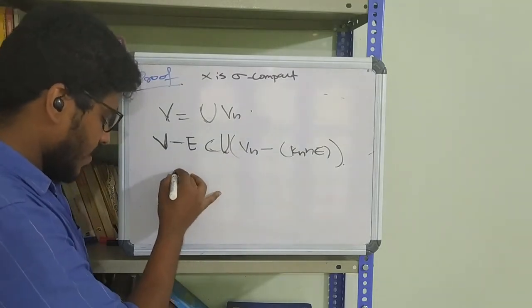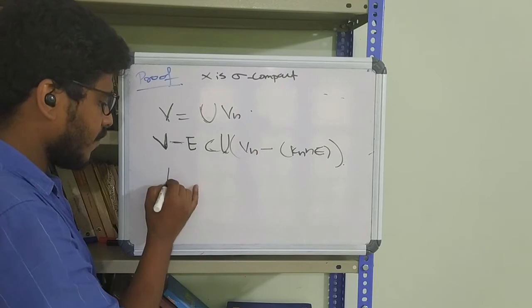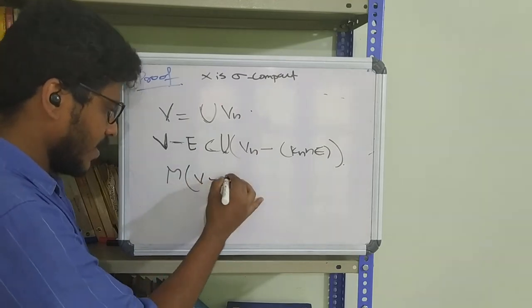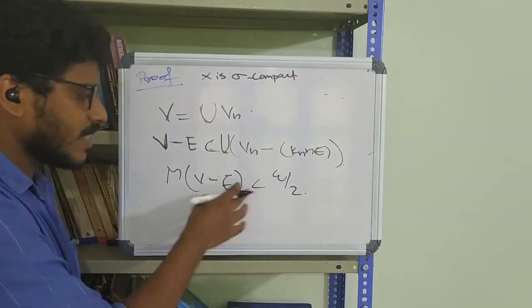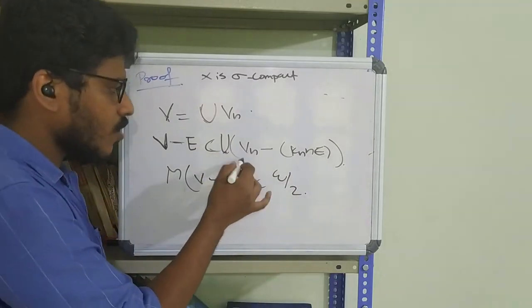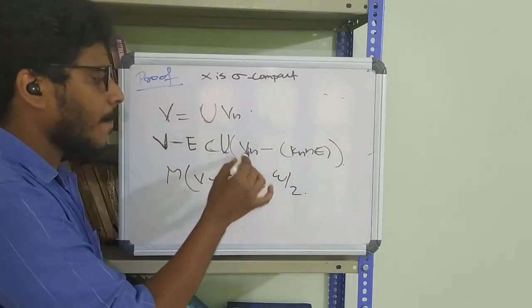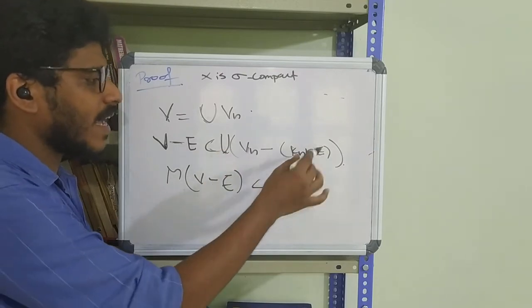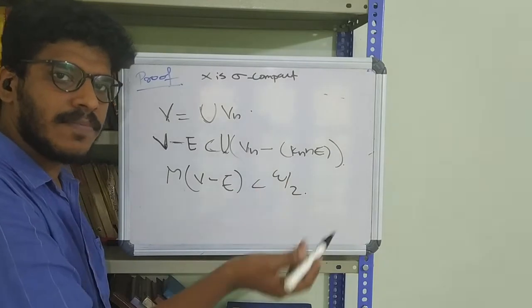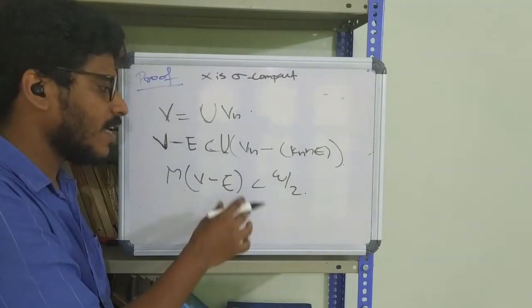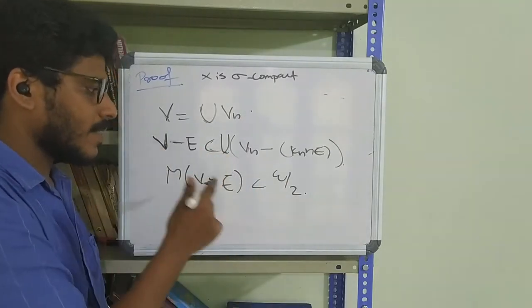And moreover, we have the measure of V minus E is less than epsilon by 2. This comes from the fact that the measure of Vn minus Kn intersection E is less than epsilon by 2 raised to n plus 1 for every n. Right.